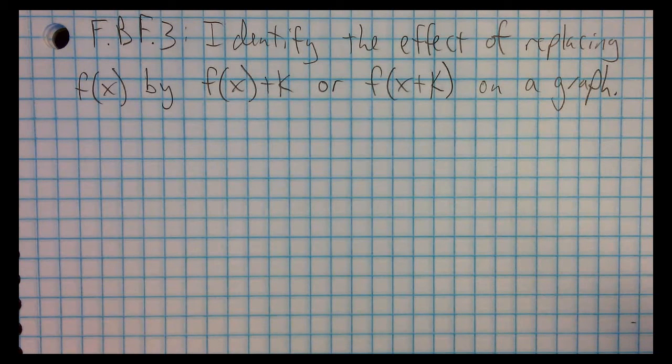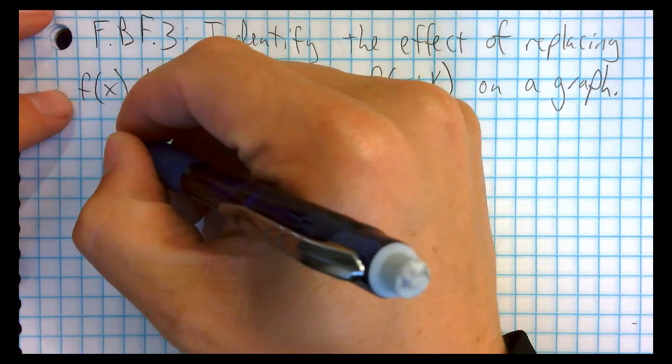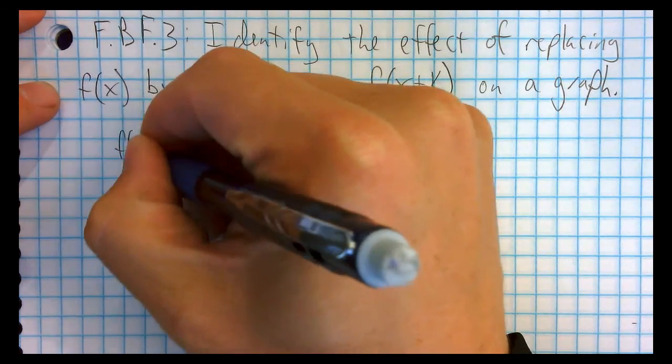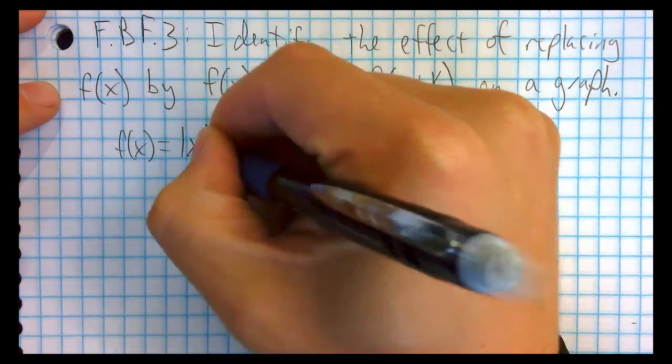So F-BF-3 says the standard is identifying the effect of replacing f of x by f of x plus k or f of x plus k on a graph. So let's look at both of those using a graph that we know, and that is f of x equals absolute value of x.